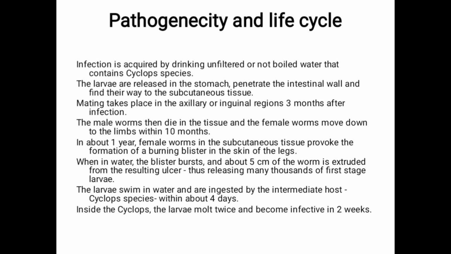In about 1 year, a female worm in the subcutaneous tissue provokes the formation of a burning blister in the skin of the legs. When the female is in the lower limbs, it provokes the formation of a burning blister, so the skin swells.